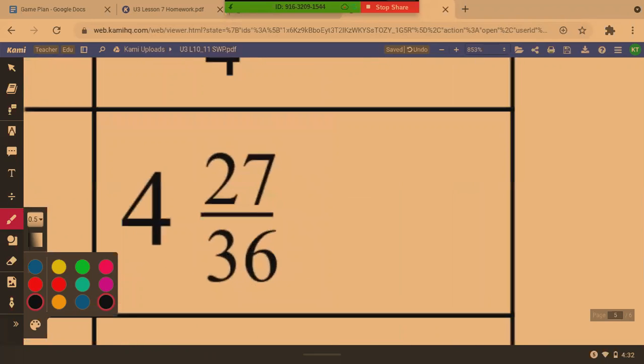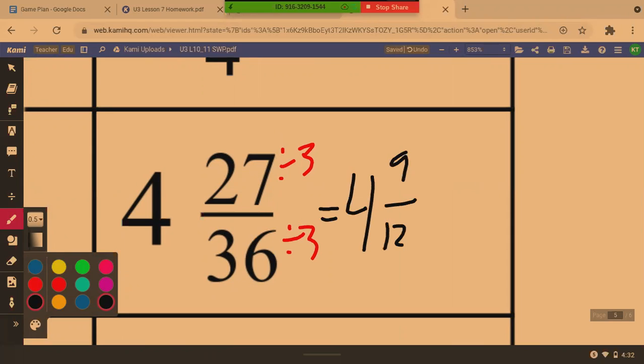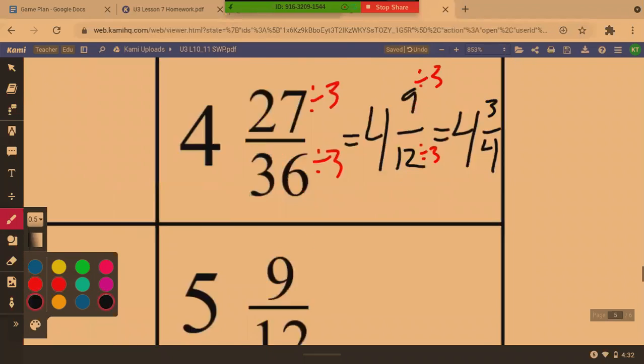Okay, how can I simplify this one? Let's do 3. If I do 3, that's going to be 4 9/12. I can simplify that one again. So let's do 3. Okay, 4 3/4.